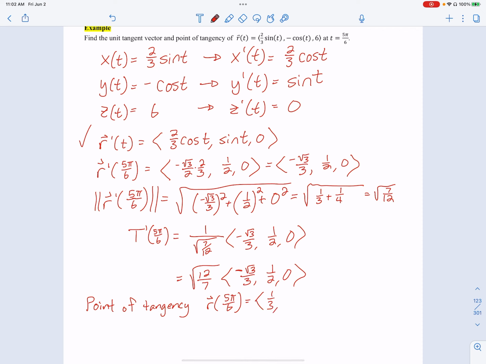Remember, it's a vector at first, and we'll change it into a point. Cosine of 5 pi over 6 is radical 3 over 2, so we get a negative radical 3 over 2. And then we get 6. So the point of tangency, I change it to a point: 1/3, negative radical 3 over 2, and 6. That is our point of tangency.